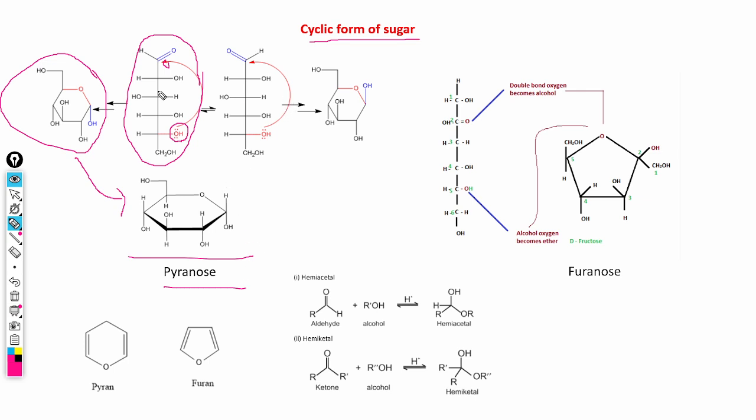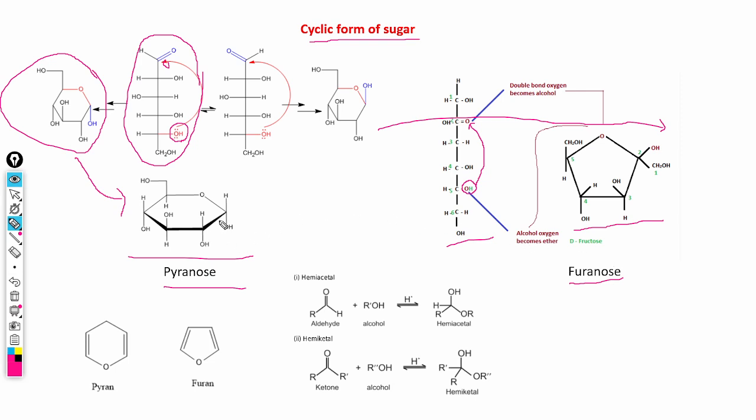Again, this structure can exist as a 5-ring structure. This is the same structure, but now the C5 OH reacts with C2 of the carbon. Now it forms the 5-ring structure, which is called the furanose. So if it exists in the 6-ring structure, it is called the pyranose. If it exists in the 5-ring structure, it is called the furanose.